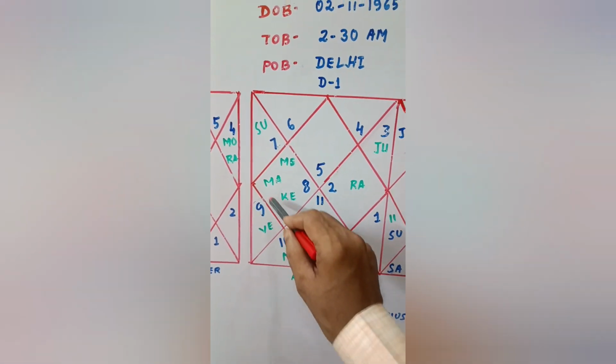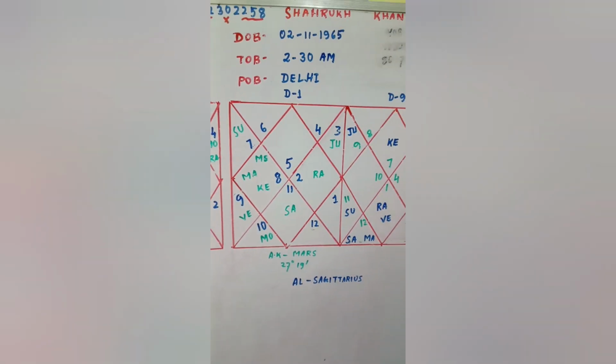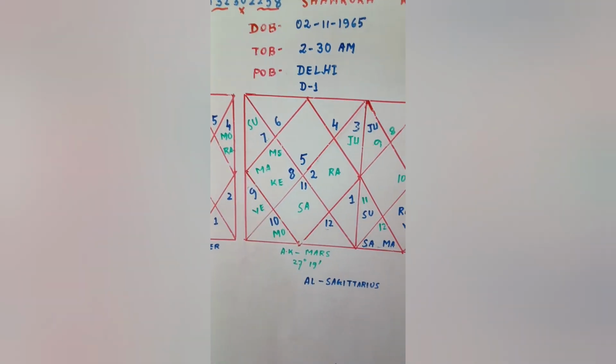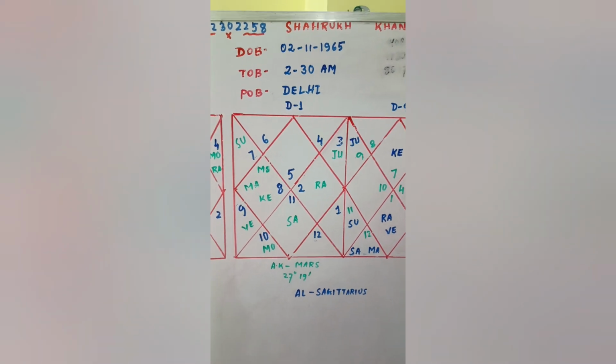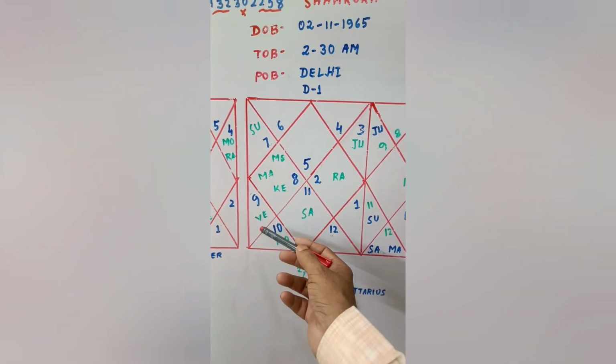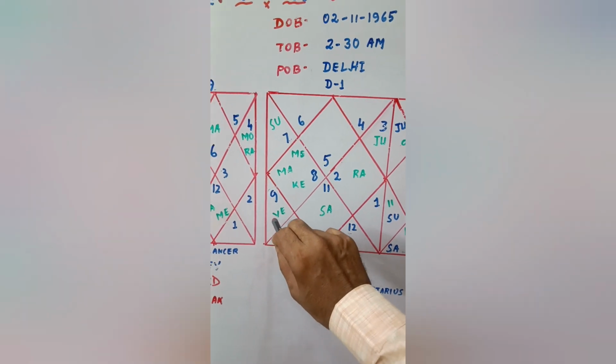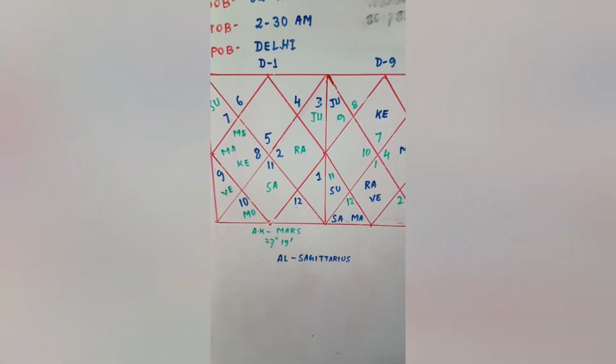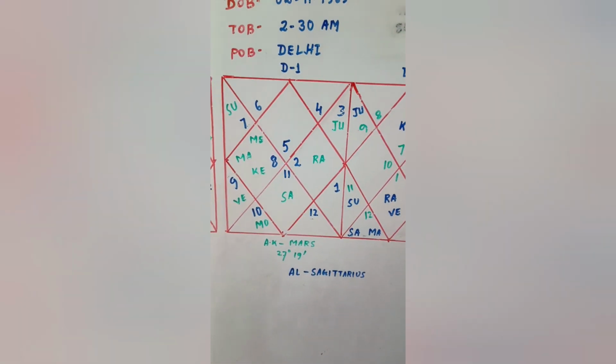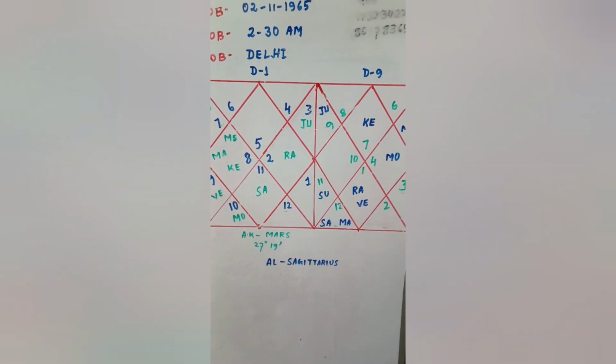Here Venus is posited. Why does the world project him as a celebrity? Because the Arudha Lagna is in the fifth house, and Venus is posited herewith in a Jupiterian sign.